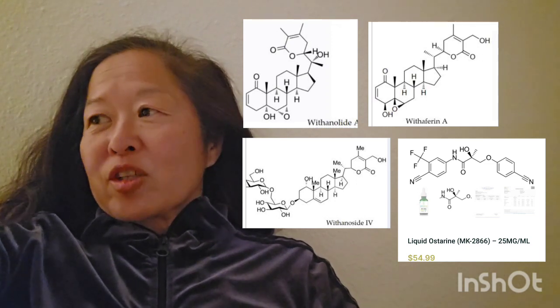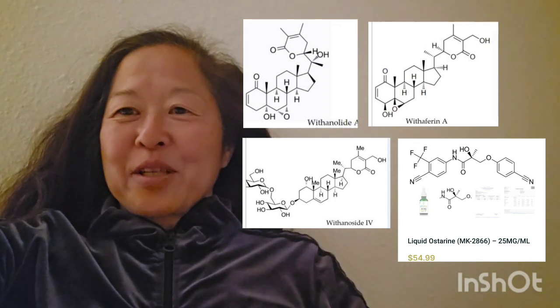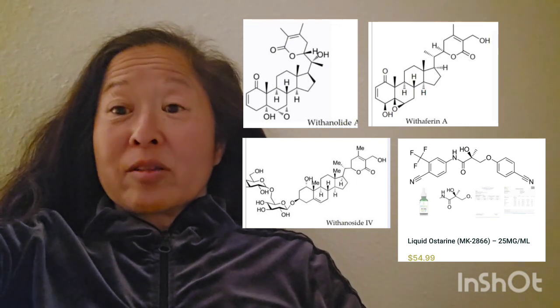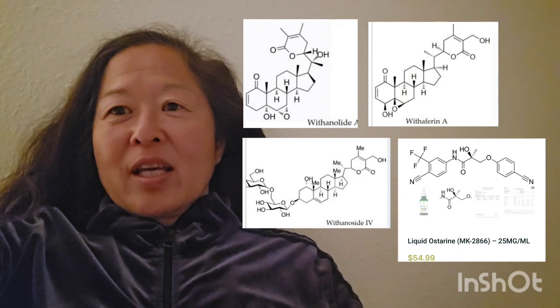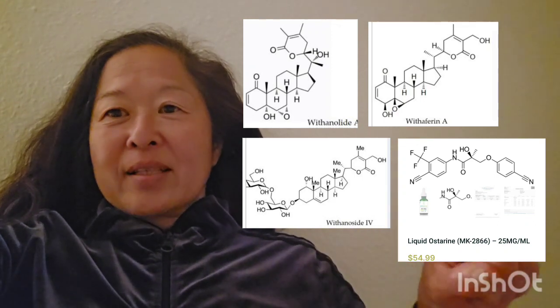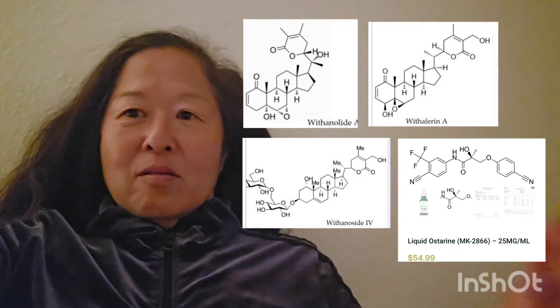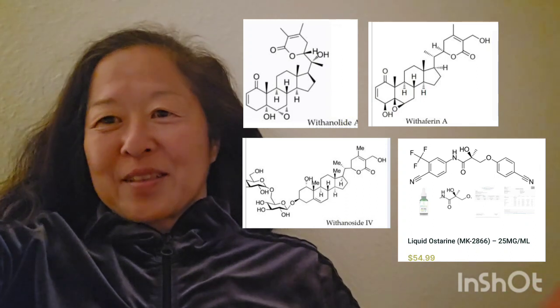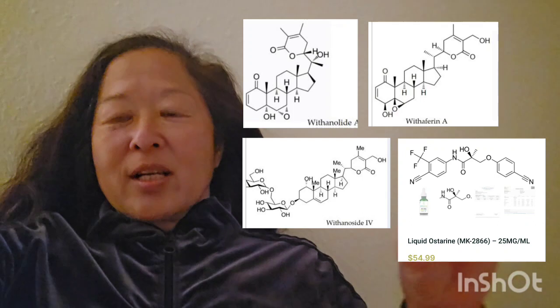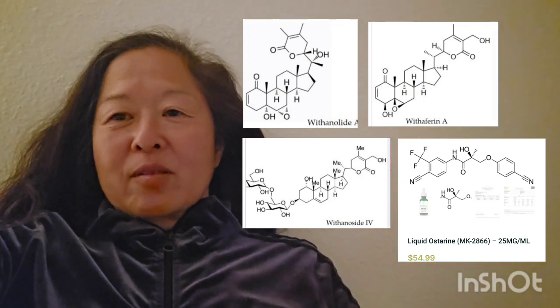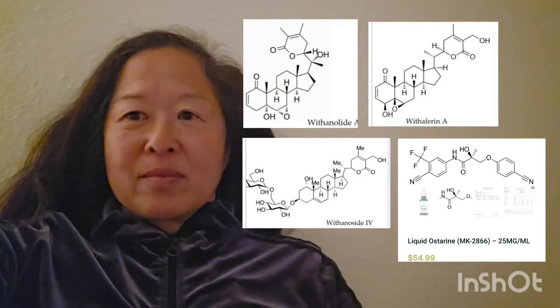I'm not sure if you remember your high school chemistry, but basically those lines represent bonds between atoms, and everywhere you see a bend in those lines, also known as a vertex, if you remember geometry, that little corner represents a carbon atom.